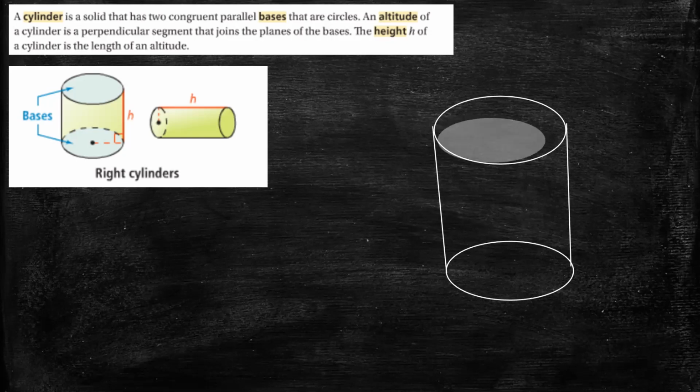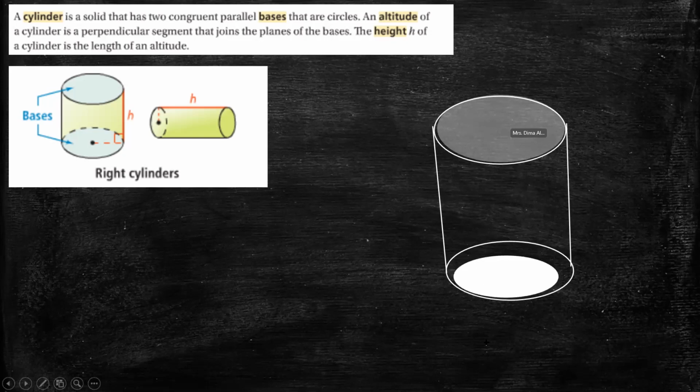This one here will be the first base, and here there's another base. So this cylinder has two parallel bases. These parallel bases are circles.